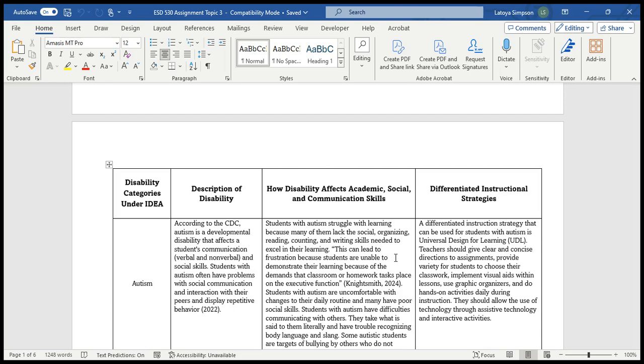So, an instructional strategy that can be useful to students with autism is the use of Universal Design for Learning, which is also known as UDL.